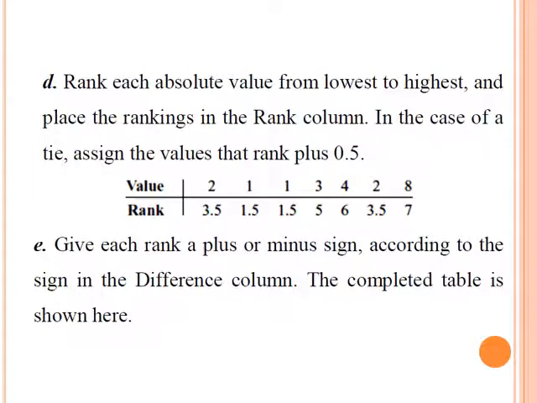Step D: we will rank the absolute values that we already have in the previous step, step C, from the lowest to the highest. So we have 2, 1, 1, 3, 4, 2, and 8.